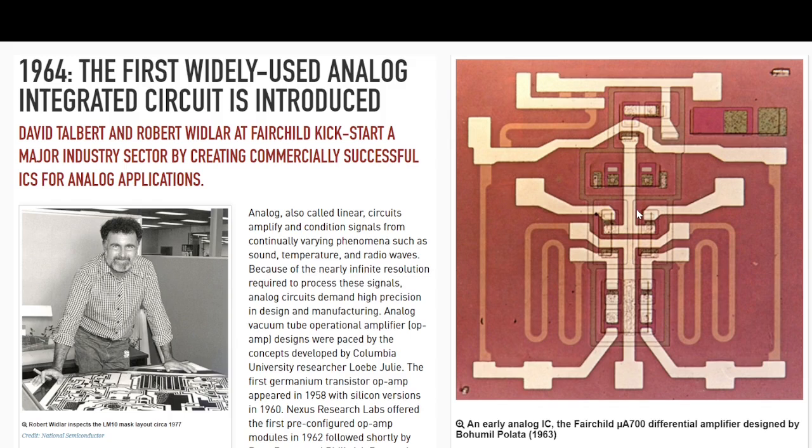So from vacuum tubes, we came to integrated circuits on a silicon chip. What was the issue in vacuum tubes?